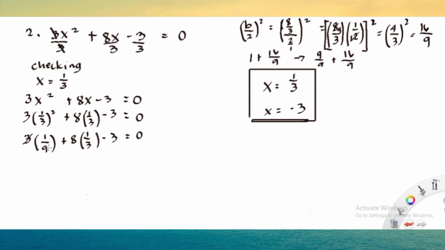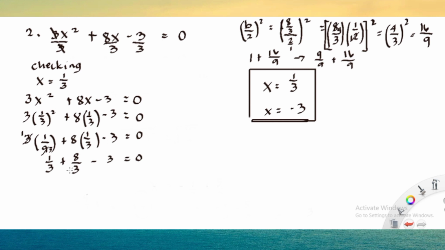So, cancel natin to. This will become 1, this will become 3. So, we have here now 1/3. And then plus 8 times 1 is 8 over 3 minus 3. Is it equal to 0? So, similar na itong dalawa. So, yung 3 is whole number.